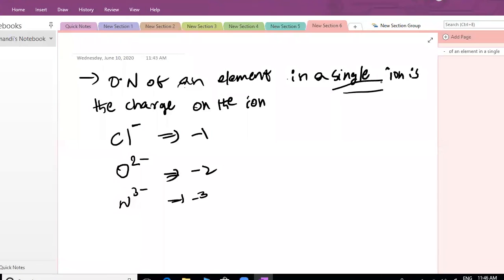No need to mug up. I gave examples here, no? That is the second point. I gave examples. Single ion, single means one atom. I read that sentence. You are English medium students only, no? I wrote the sentence. If you can't understand the meaning of the sentence, try to find. I explained once or twice. Why are you still not getting the meaning? Please find. Right. Next point.